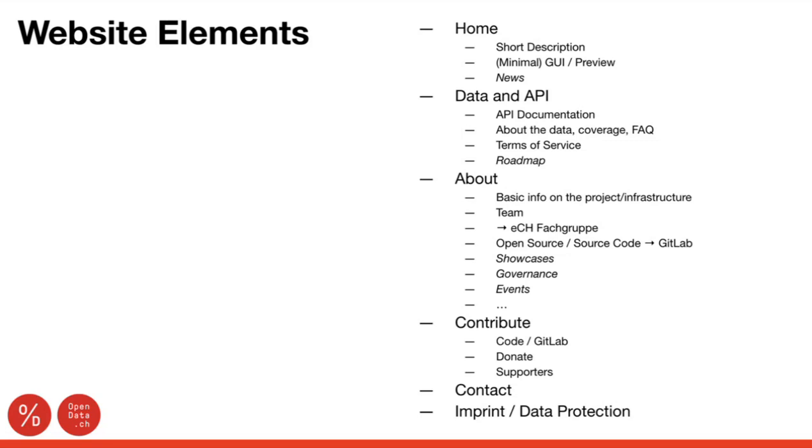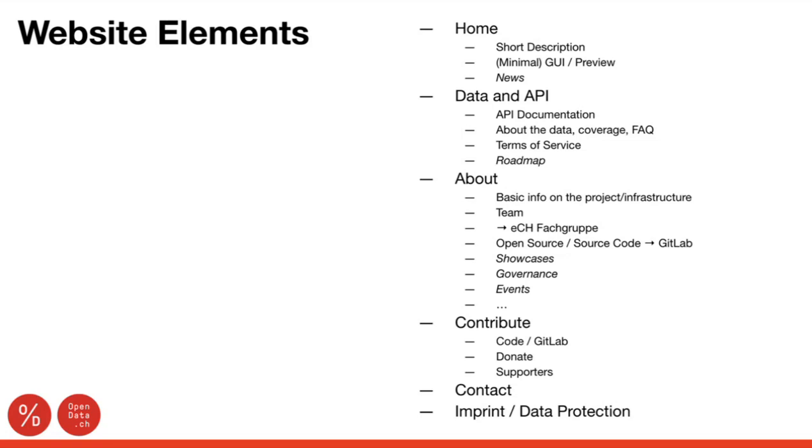Then also a link to the ECH specialist group, a link to GitLab with all the source code, and definitely also at some point the showcases such as Ruben's in this case. And at some point sections about the governance, how this API is organized, and the group behind it, and maybe even an event section, listing meetings such as this public meeting.